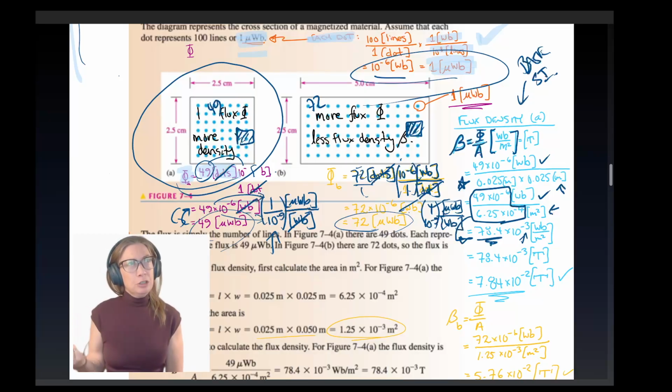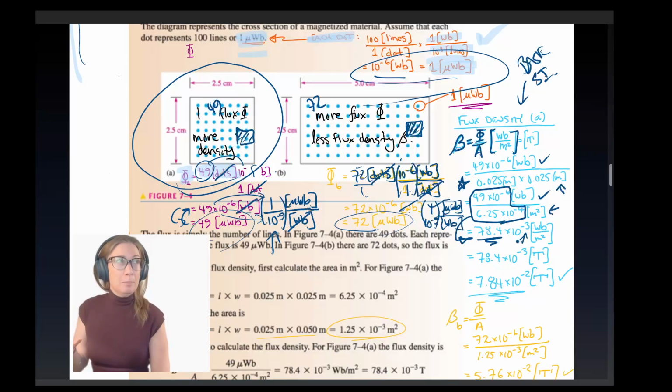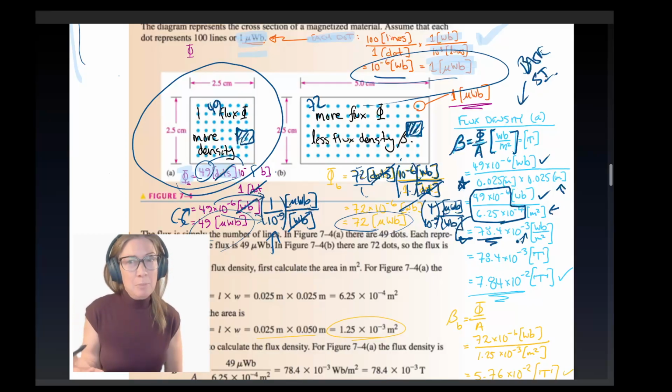So you should choose your scientific notation exponents so that you have one or two values, like you're in the ones or you're in the tens or you're in the hundredths. You get to choose this exponent based on having basically a good number there. So 78 is a good number, 78.4.